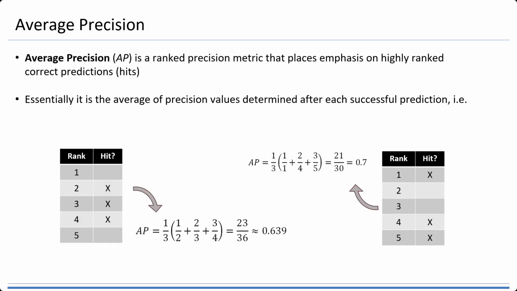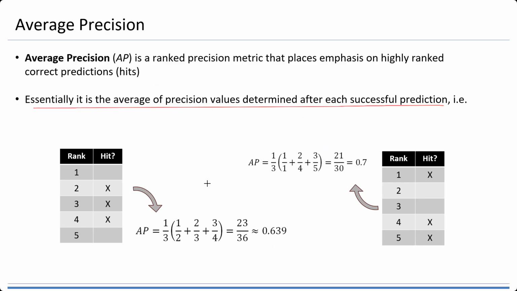We can also do this with the average precision. With average precision, I want to know the rank precision metric that places emphasis on highly ranked correct predictions or hits. Essentially, it is the average of the precision values determined after each successful prediction.